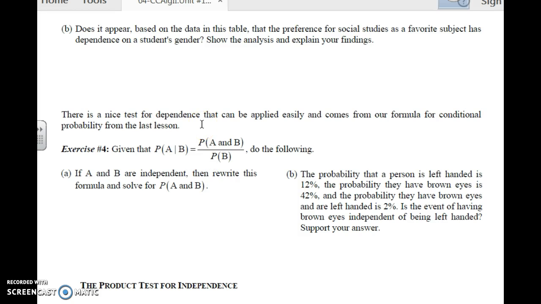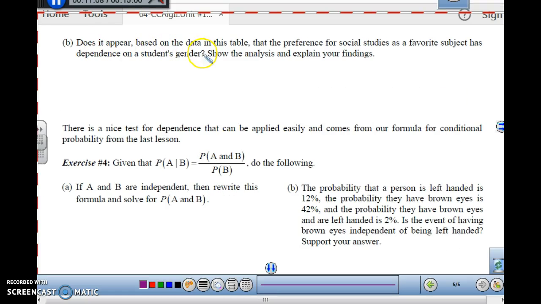All right, so let's try social studies. Does it appear, based on the data in this table, that the preference for social studies as a favorite subject depends on the student's gender? So let's look at the analysis. We're looking at the probability of liking social studies, the probability of liking social studies given that you're male, and the probability of liking social studies given that you're female.